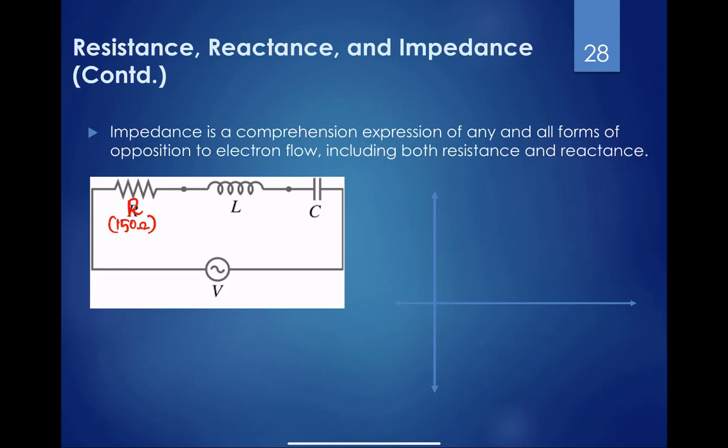The inductive reactance, say that is 259 ohms. By the way, inductive reactance and capacitive reactance are also measured in ohms. And the capacitive reactance is, say, 193 ohms. So this is your XC, this is your XL, and obviously this is your R.